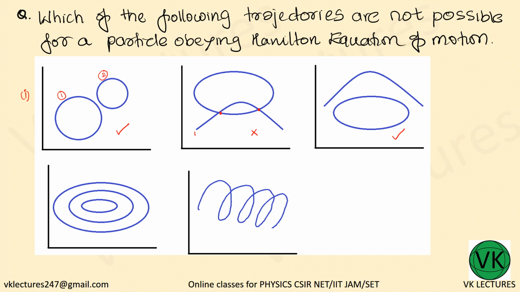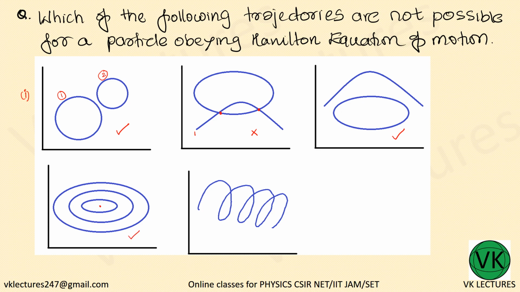And this is an elliptical one. This is not intersecting at any point, they are all distinct. Usually this represents the trajectories with different energies for a single particle, but it can also be given for different particles, so it is also possible.